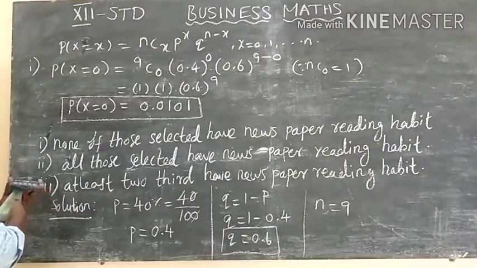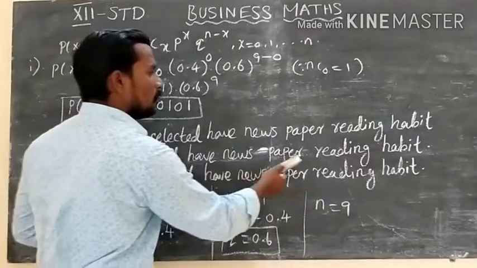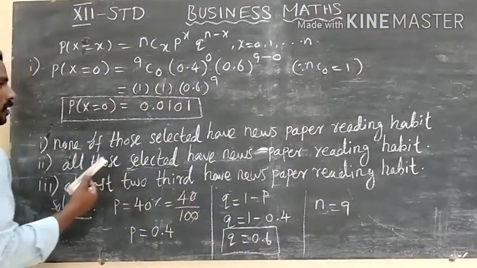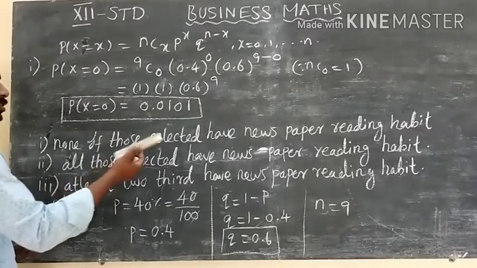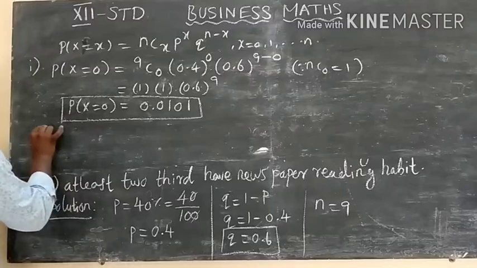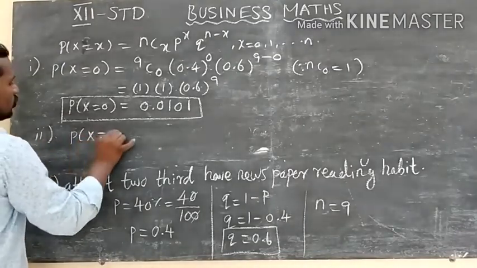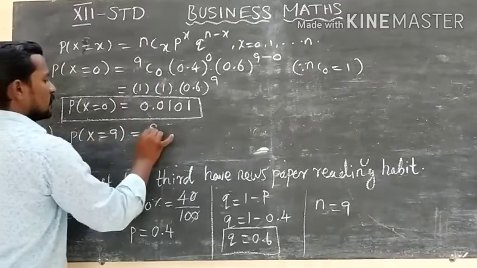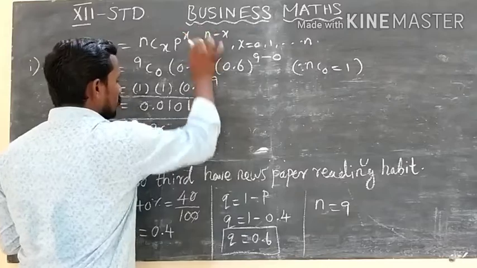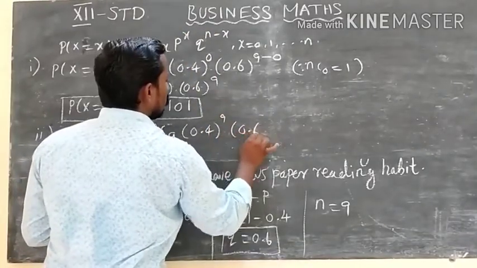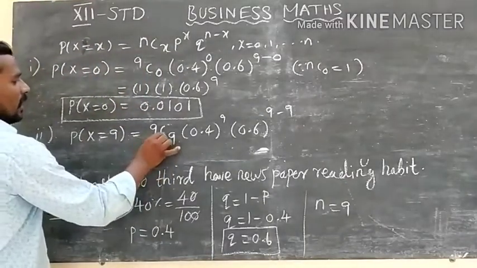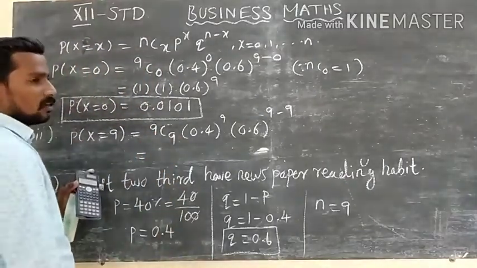The next question: all those selected have a newspaper reading habit. All those means the 9 selected students, so x is equal to 9 for the second question. P(x = 9) is equal to 9C9 times 0.4 power 9 times 0.6 power 9 minus 9. 9C9, that is nCn, is also 1.